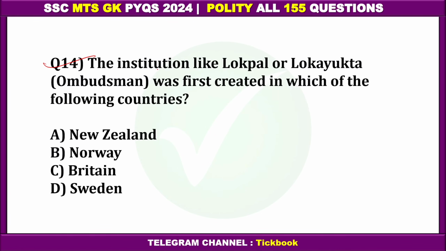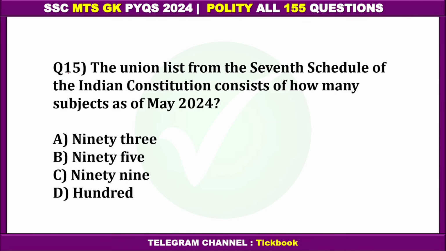Question number 14, the institution like Lokpal or Lokayukta Ombudsman was first created in which of the following countries? Option number D, Sweden. 15, the Union list from the 7th schedule of the Indian Constitution consists of how many subjects as of May 2024?